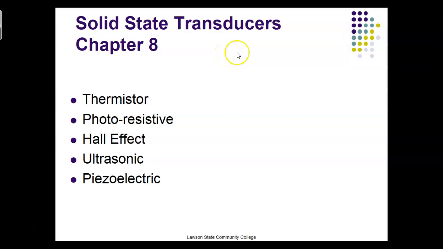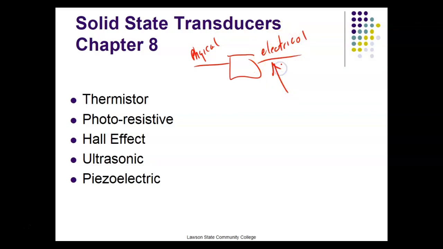So the sensor is going to take a physical stimulus, right? Over here we've got physical, and over here we've got electrical. What I'm trying to get at is what electrical signal can the sensor give us? We've got three things, right?